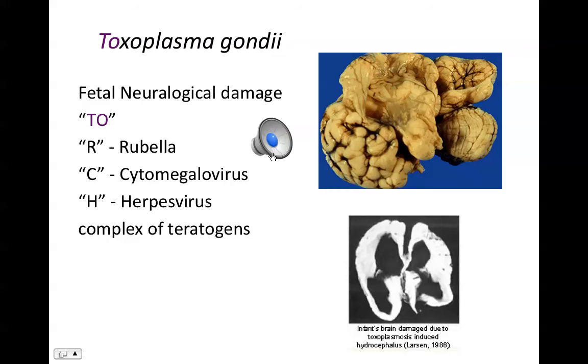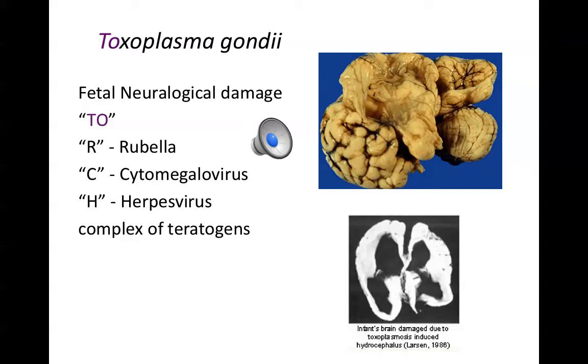Toxoplasma gondii is actually part of a group of microorganisms that cause what we call fetal neurological damage. TORCH is the acronym that's used for this group of microorganisms. The TO of the word torch represents toxoplasma.